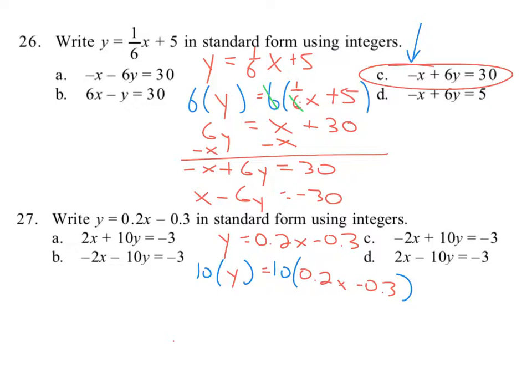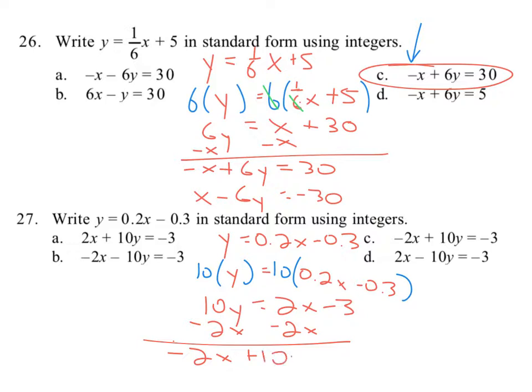And when we distribute that 10 through, we get 10y equals 0.2 times 10 is 2x, and then 10 times -0.3 is -3. And we're going to subtract 2x from both sides, and we get -2x plus 10y equals -3.